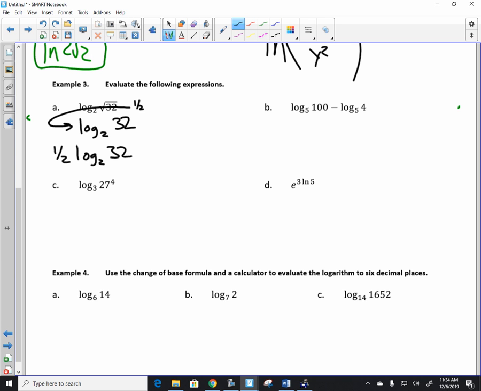Shoot, I wish I knew what the log base 2 of 32 was. 5. Because 2 times 2 is 4, times 2 is 8, times 2 is 16, times 2 is 32. That's 2 to the 5th, right? So we've got 1/2 times 5, which is 5/2.